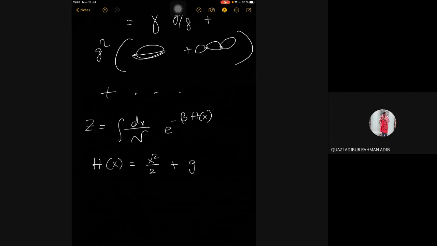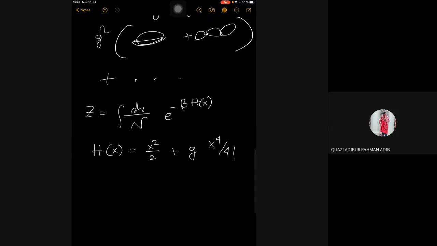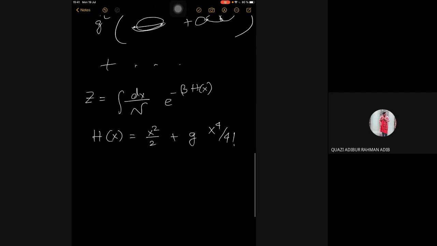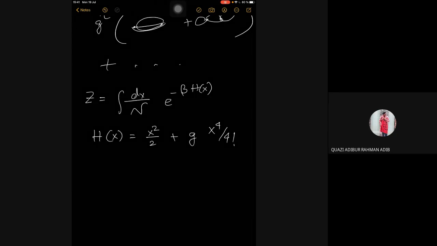Using this function, I can generate my graphs.